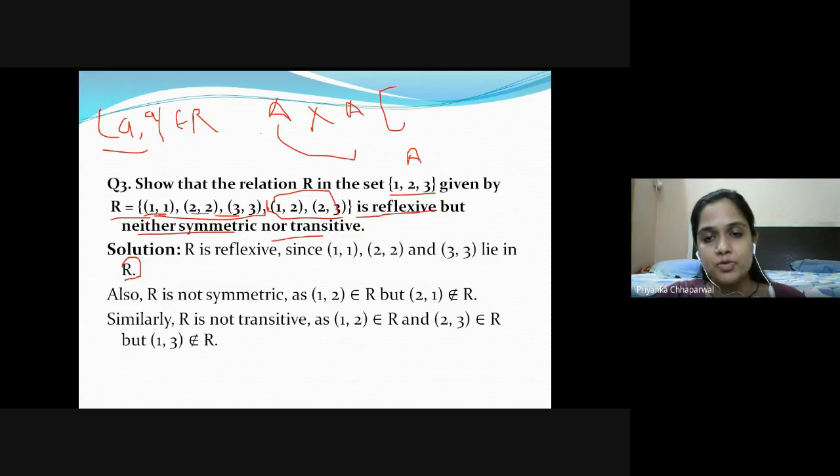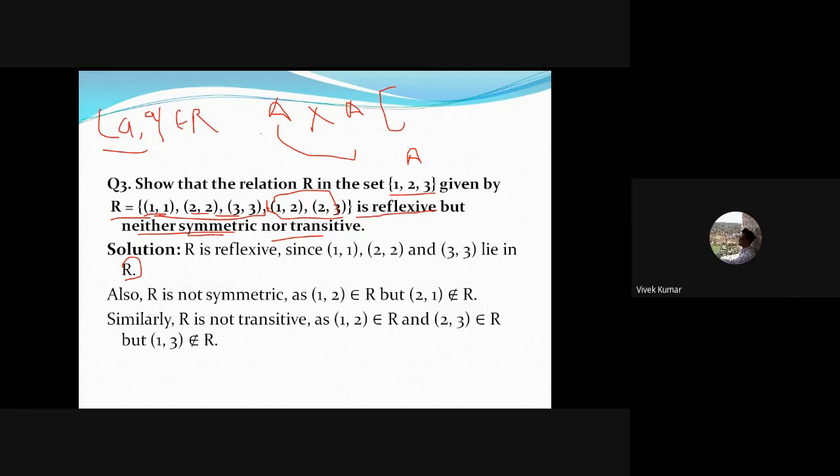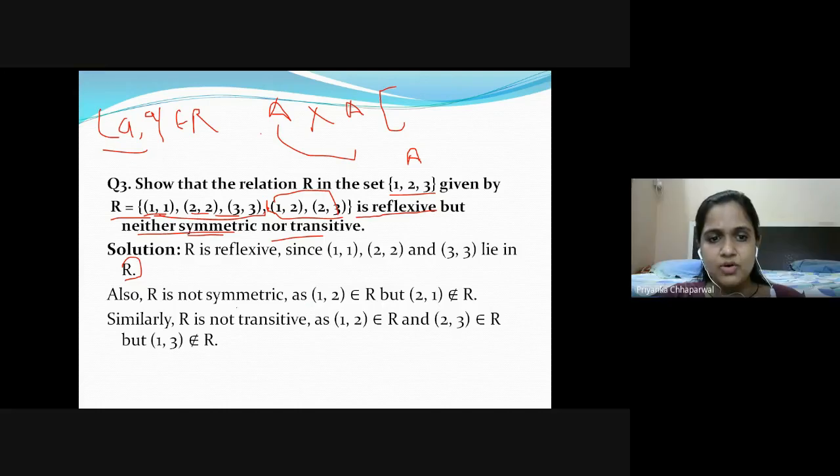Then we want to prove that it is neither symmetric nor transitive. So what is the condition for symmetric? Yes student, what is the condition for a symmetric relation? Anyone? Ma'am, all elements belong to identity of A. No, what is the condition for symmetric?